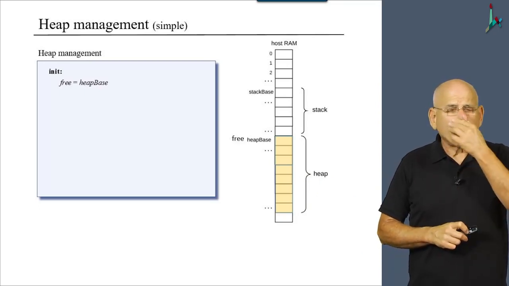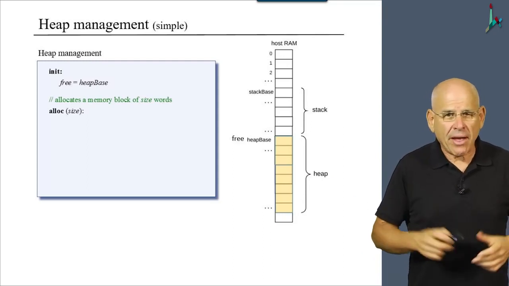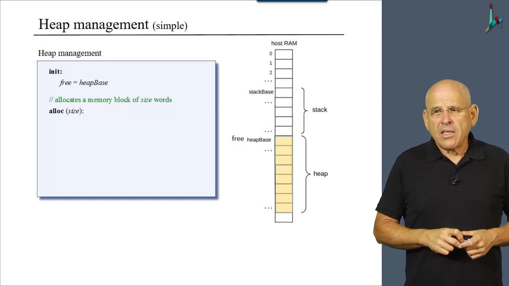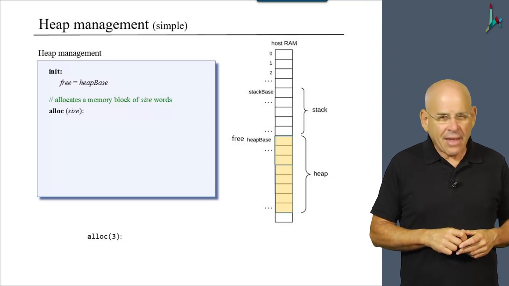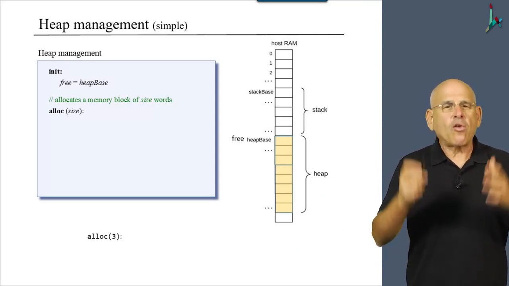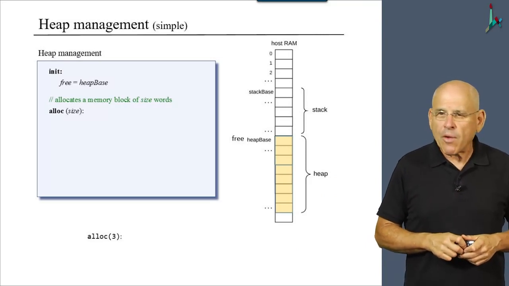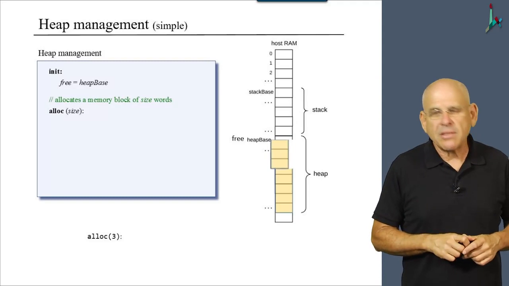So the next thing that we're going to talk about is alloc size, which allocates a memory block of size words. So let us assume that some client comes along and says alloc 3. I need a block of size 3. How are we going to do it? Well, here's a small little simulation.